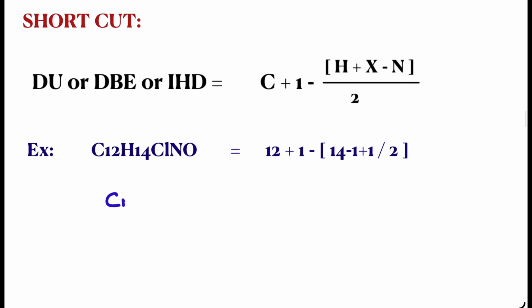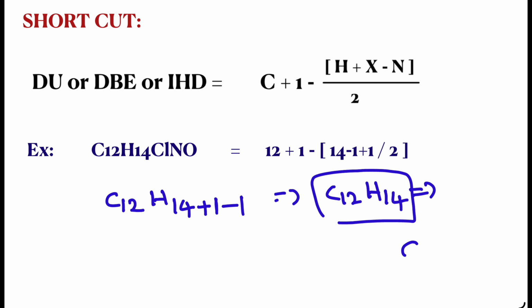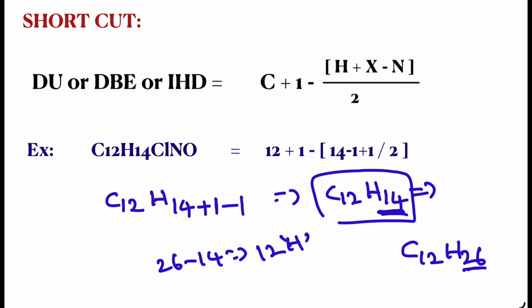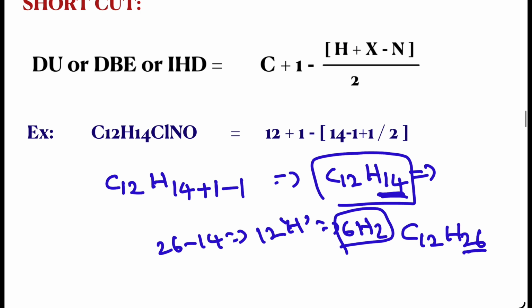So what I am trying to convey is C12H14, with halogen number added and nitrogen number subtracted. Next, for C12, CnH2n plus 2 gives H26. Here 14 hydrogens, there 26 hydrogens, so 26 minus 14 is 12. So 12 hydrogens, that is 6 pairs. So the degree of unsaturation is 6.